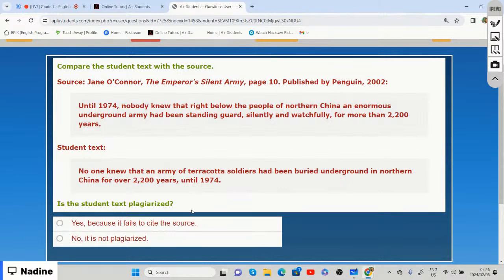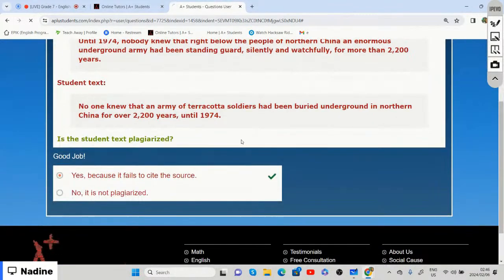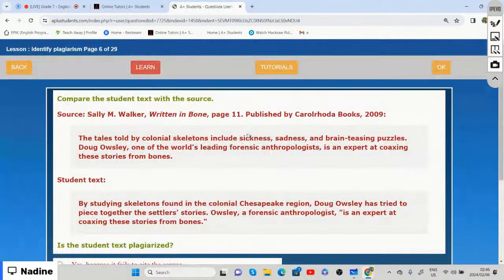Is this plagiarized? Yes, it is, because it fails to cite the source. Do we see the source? Nope, we do not see the source. It is plagiarized because you need to show your source, whether you get it from a book or a magazine, right? You need to show your source.